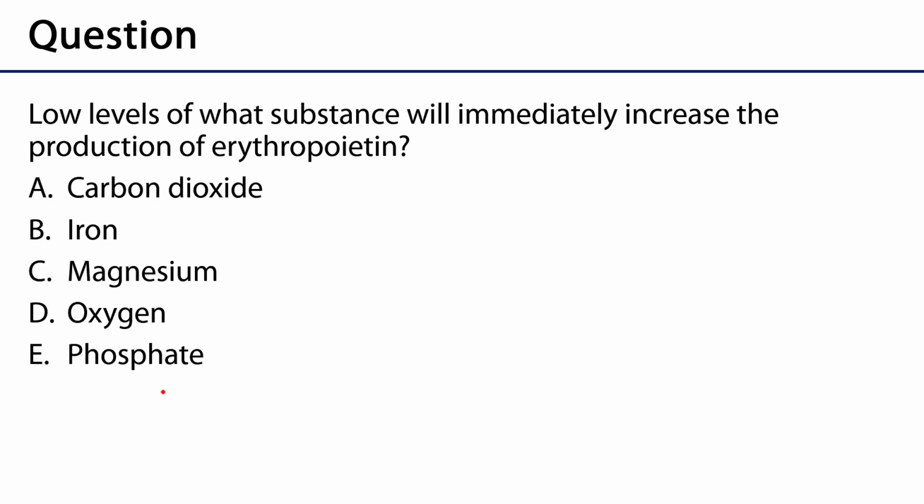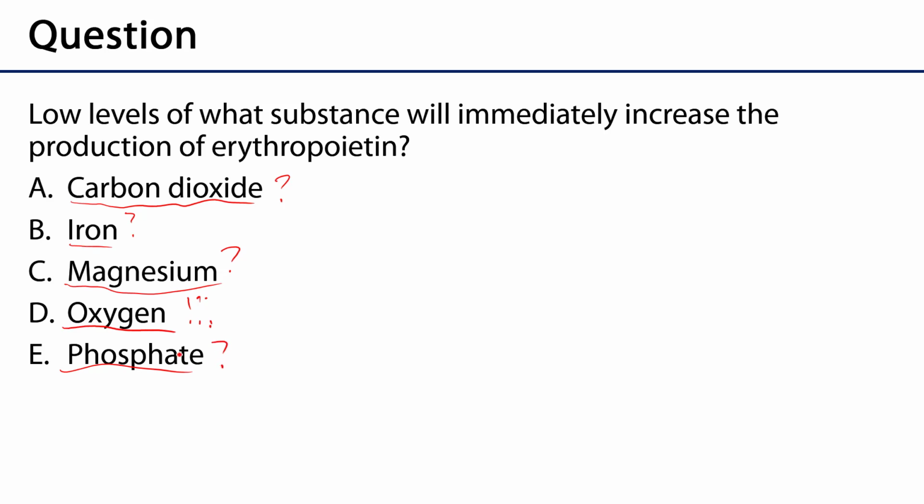And that leads us to our assessment question, and that is, low levels of what substance will immediately increase the production of erythropoietin, or EPO? Is it carbon dioxide, iron, magnesium, oxygen, or phosphate?